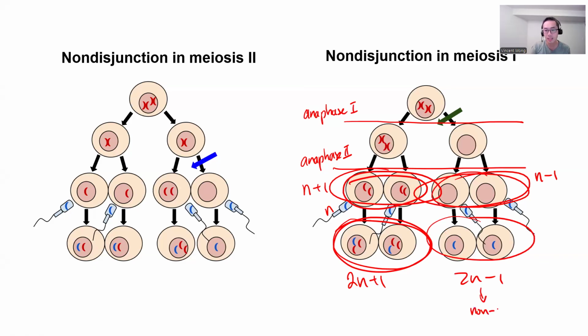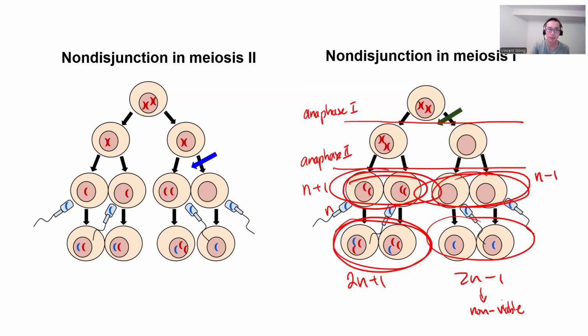Usually, a missing chromosome is non-viable. Okay, the baby will not grow to full term, there will be a miscarriage, for example. Over here, 2N plus 1 additional chromosomes are generally viable. You can carry the baby to full term, and then the baby will be born.